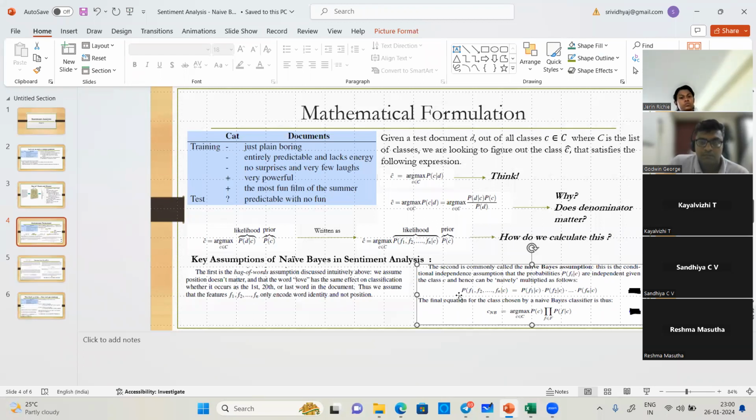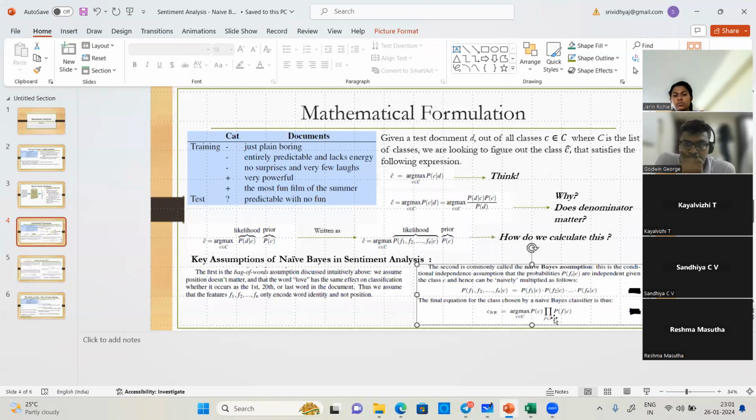So which means the probability of F1, F2, Fn given C is equal to probability of F1 given C into F2 given C all the way up to Fn given C. Now we have replaced this whole bit with this expression, and that is basically expressed as this whole stuff at the bottom.